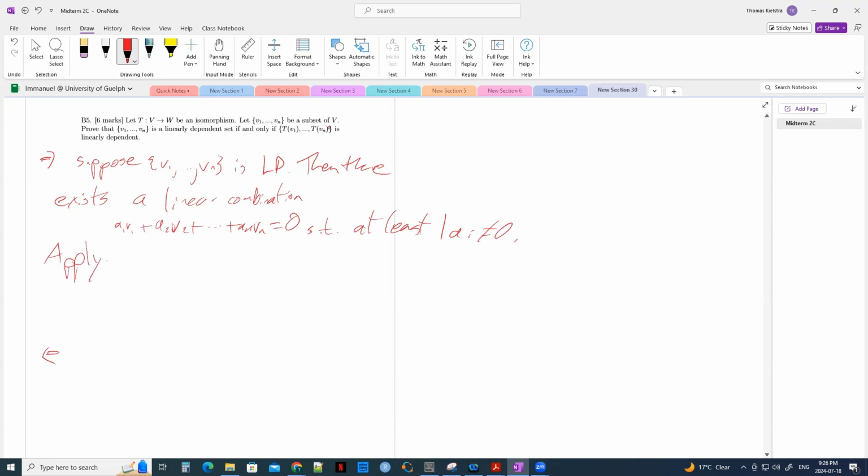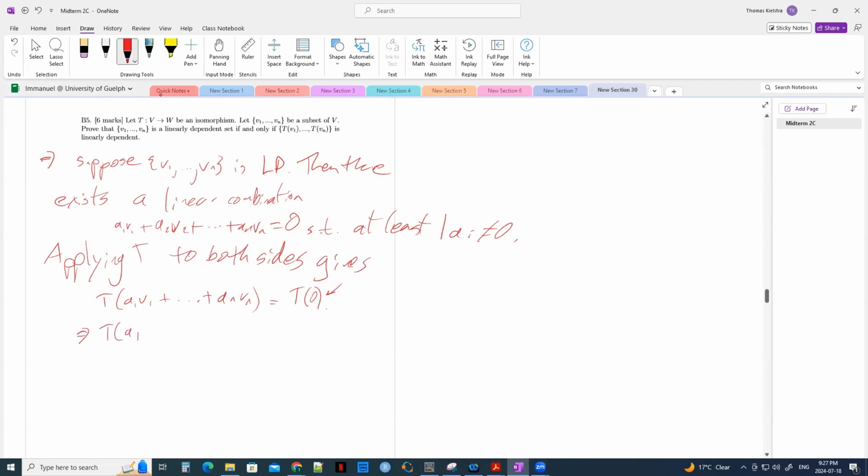Applying T to both sides gives T(a1v1 + ... + anvn) equals T(0). Now, at this point, you might be saying, well, that means we've got our linear combination, but we need to show that this equals the 0 vector in W. So we need to justify that.